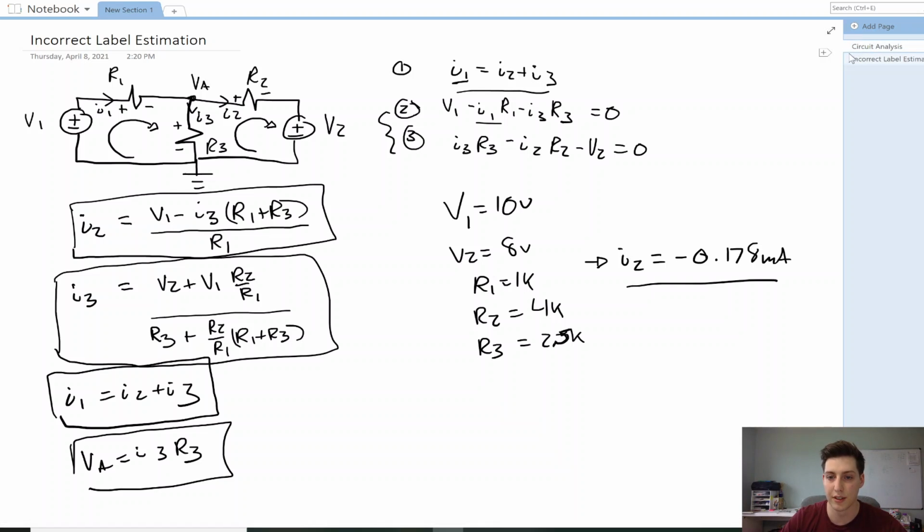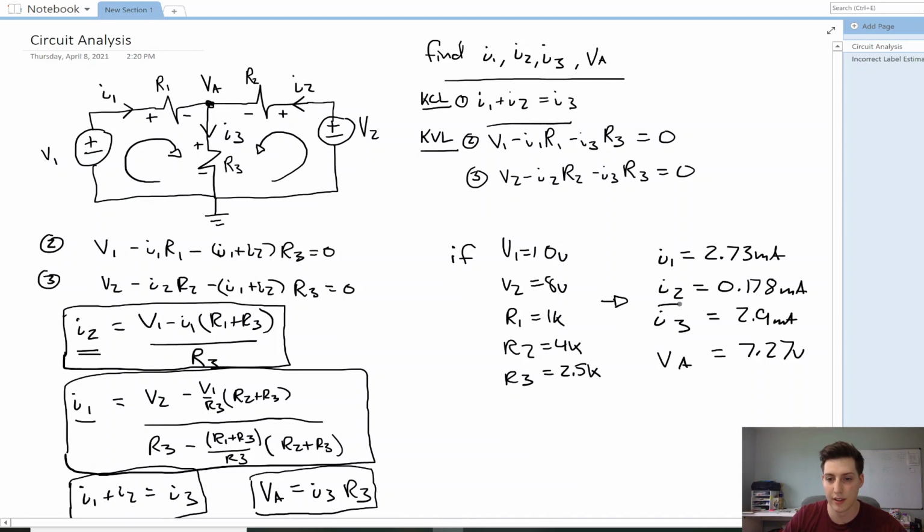If we look at the last part, right here, I2 was 0.178 milliamps. So we've got a negative sign on it.